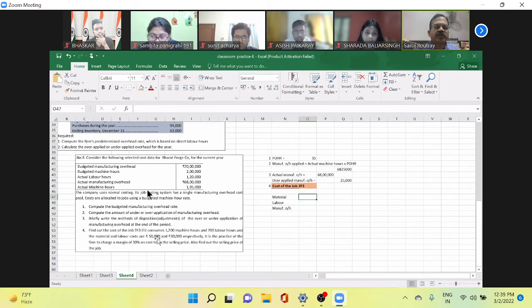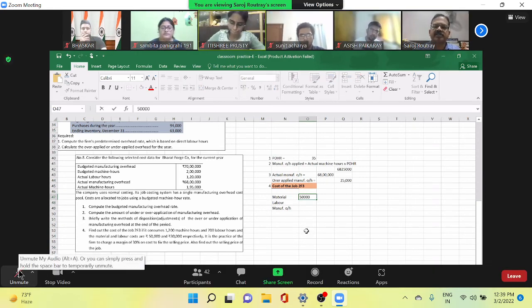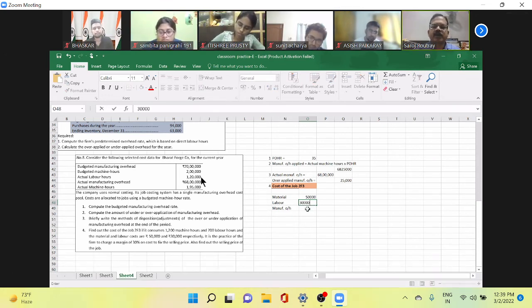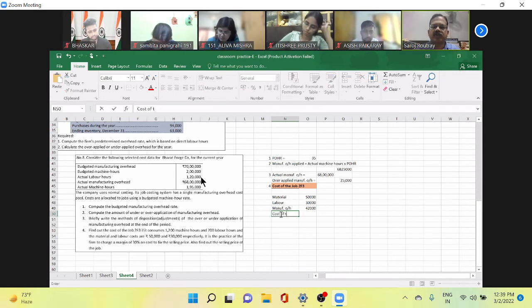Material cost, we'll see the relevant information as I said. Labor cost 30,000. Manufacturing overhead on the basis of machine hour, so you don't need to see labor hour, only machine hour. So this is POHR multiplied by machine hour. How much is the machine hour? 1200. Very good. So 42,000. So this is the cost of the job.